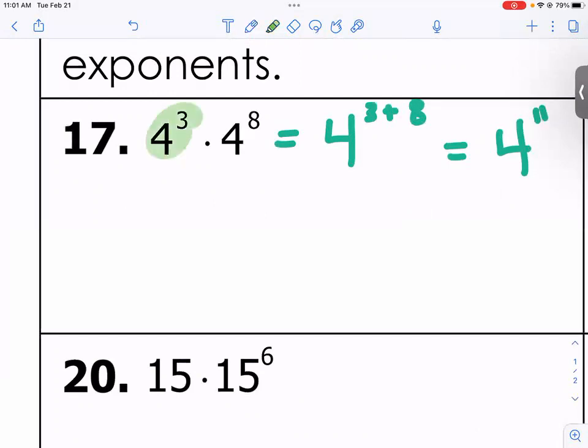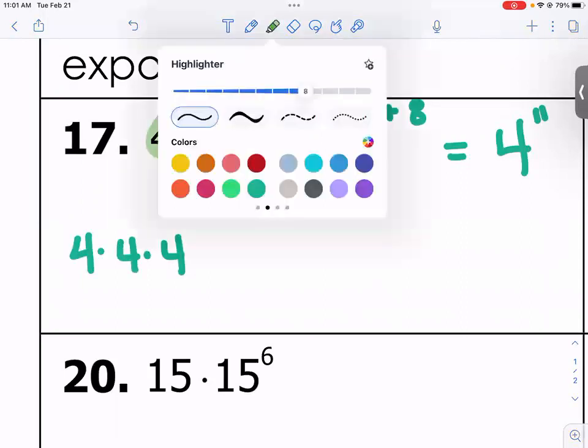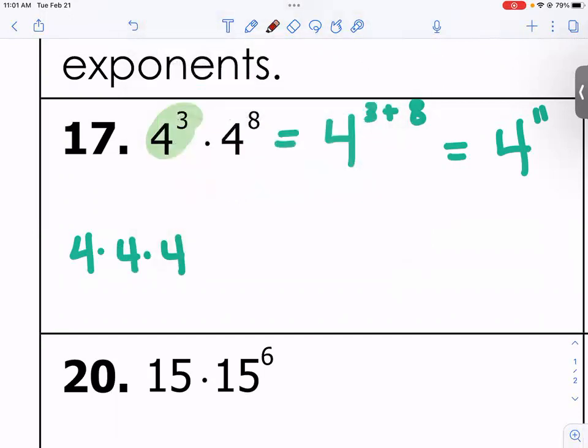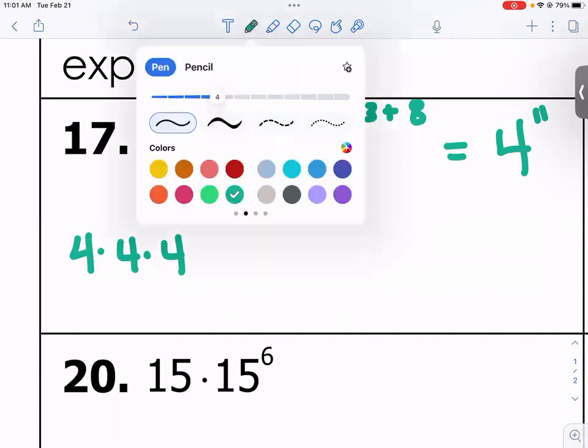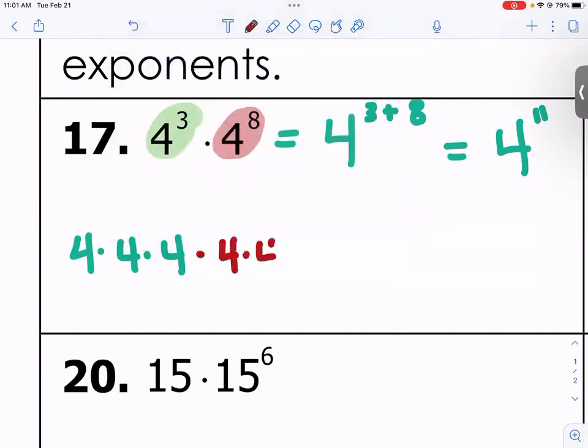If I take 4 cubed, that means 4 times 4 times 4, right? And if I take 4 to the 8th, that means 4 times 4 times 4, 8 times.